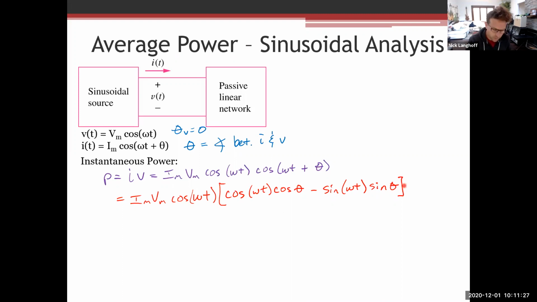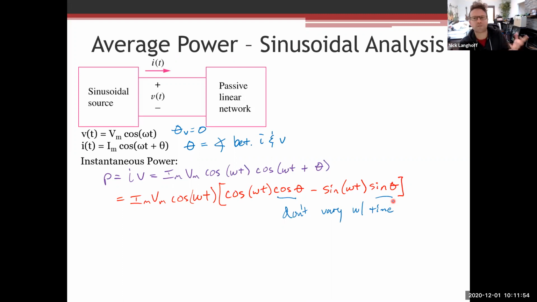However, what's helpful for us here is that the cosine of theta and also the sine of theta, though we're going to focus on the cosine of theta, don't depend on time. They don't vary with time. They are some scalar value. Cosine theta is some constant.